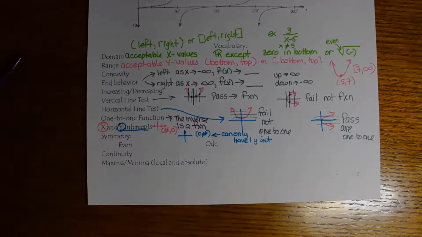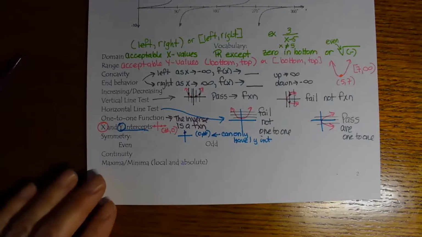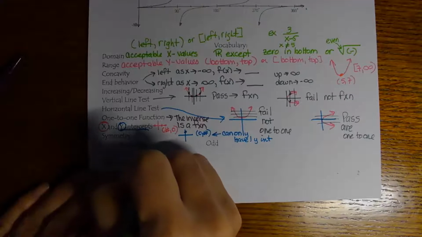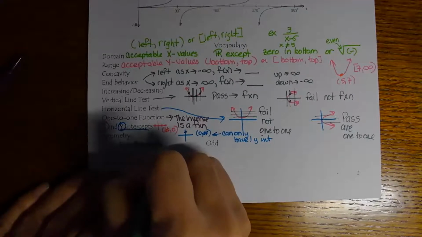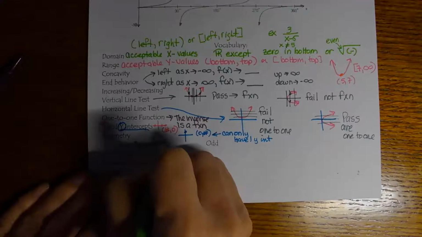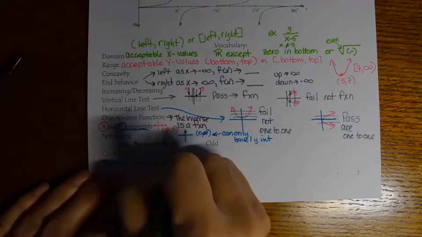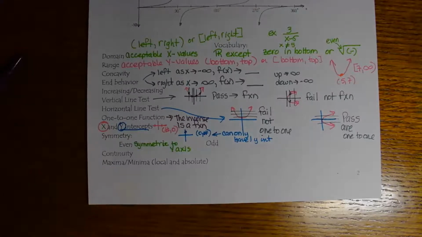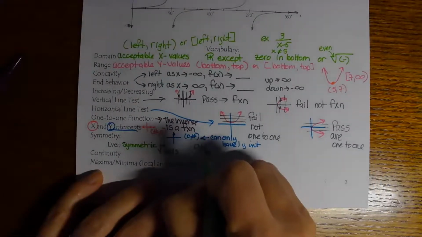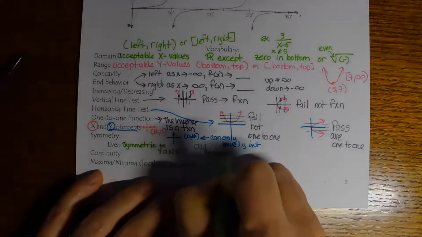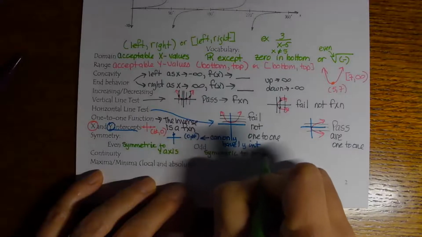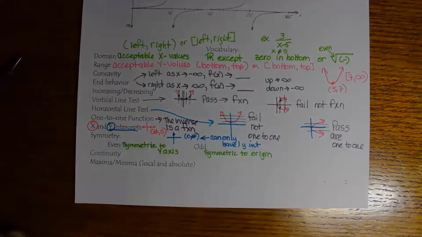Okay, symmetry. Even symmetry means you're symmetric to the y-axis, right? So the y-axis cuts your picture in half. Odd means symmetric to the origin.